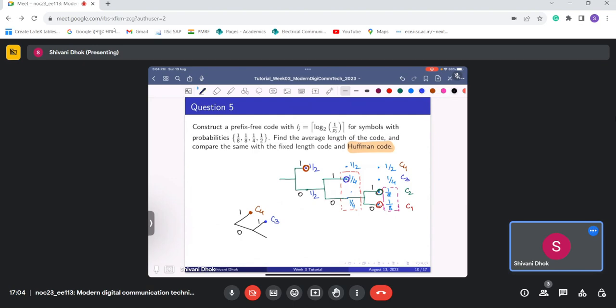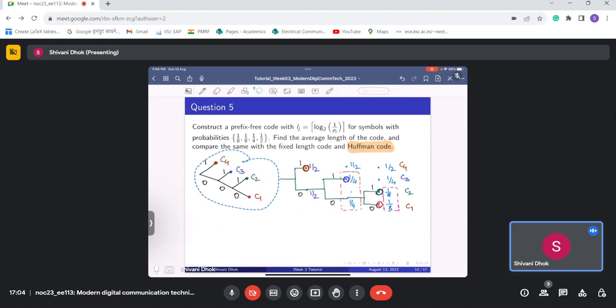Again this is 1 0. And then this is extended further like this. This is C2 and this is C1 and this is 1 0 again. I'll just take this tree here.